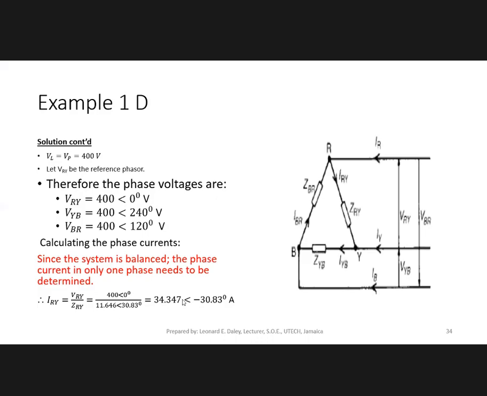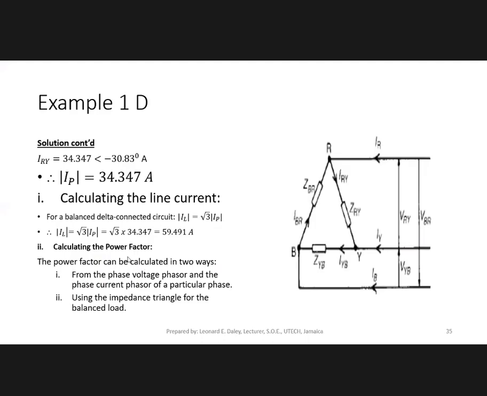So that phase current now works out to be 34.347 at angle minus 30.83 degrees. And you know, current is measured in amps. All right, so we know what the IRY is.